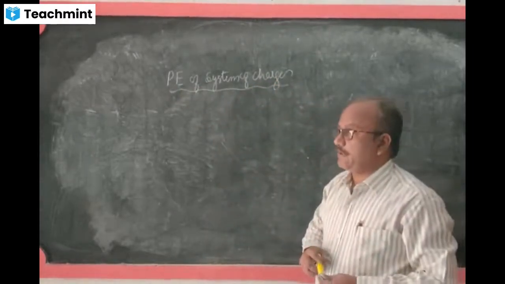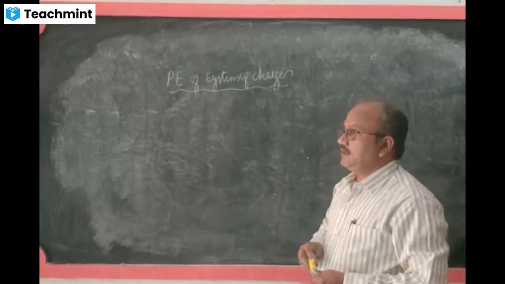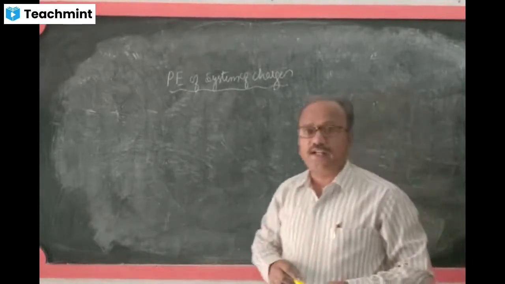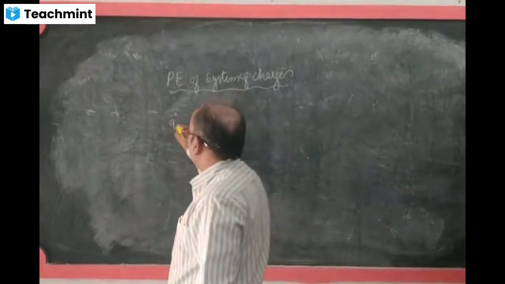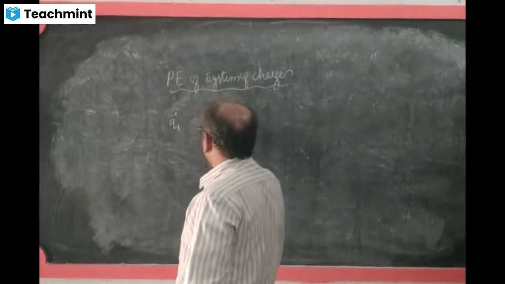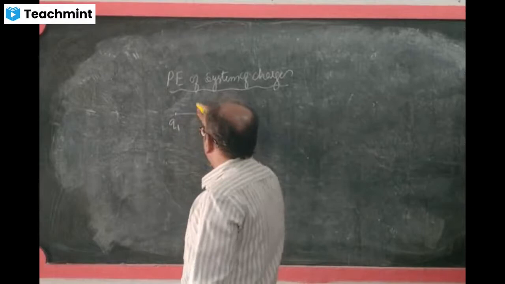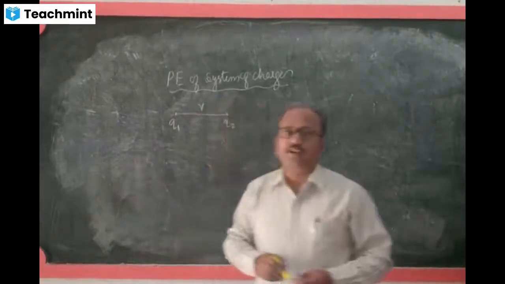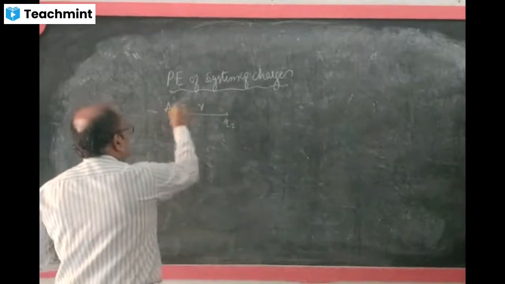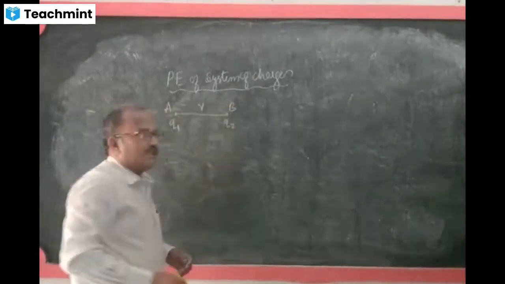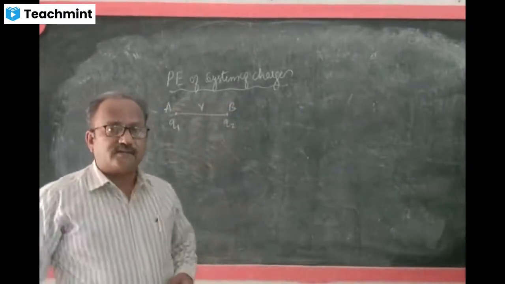Here it is in the absence of an external electric field. Let us take two charges Q1 and Q2 at a distance r. Q2 is initially at infinite distance.